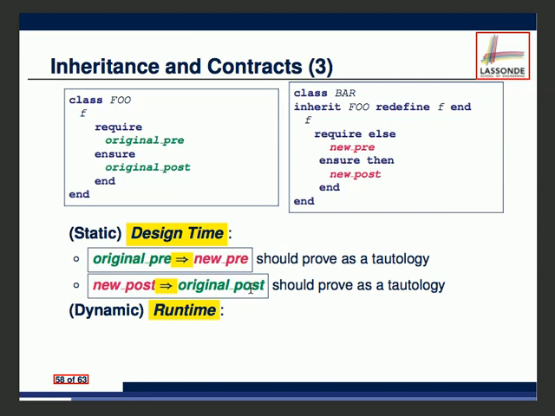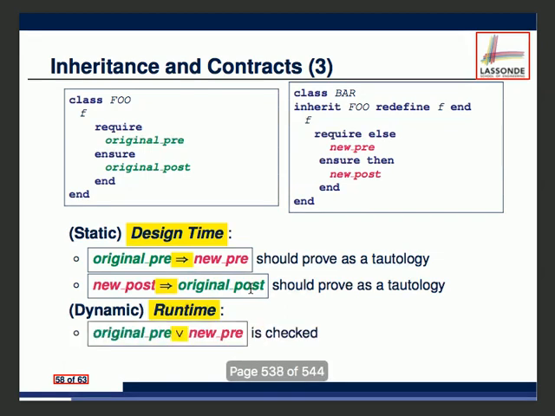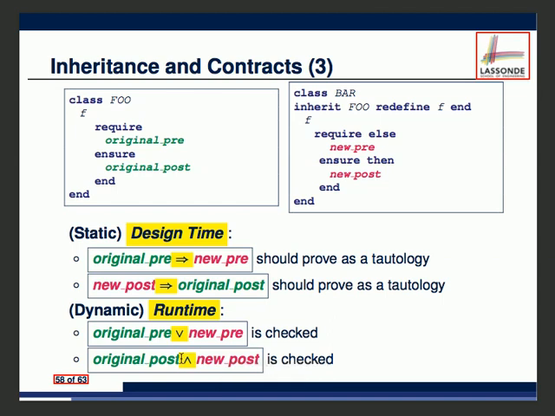Because at runtime, for the original and new precondition, they will simply do the disjunction of the two Boolean conditions, to prevent disaster, to make sure there's no shock. And for the postcondition, they will do conjunction to make sure there's no shock, right? So this summarizes what you should know about contract inheritance. But for the rationale, you should refer to the previous slides. Okay? Questions?